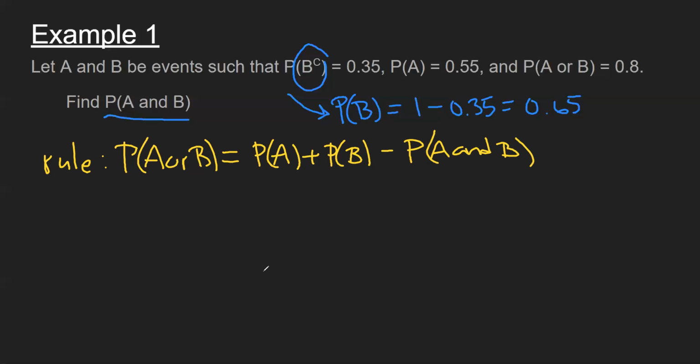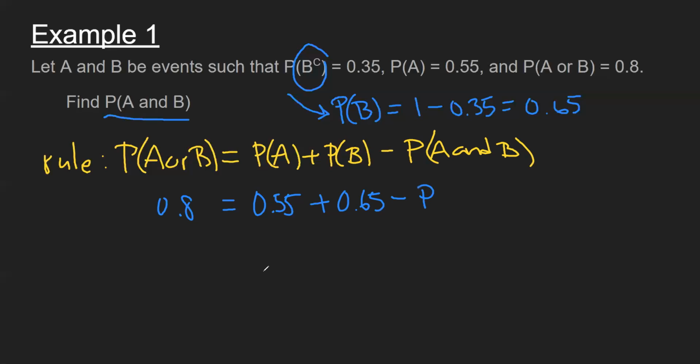What I can do now is simply substitute in all of my known information, and then see what is unknown. So probability of A or B is 0.8, probability of A is 0.55. Now we weren't given probability of B, but above we've solved for it because we were given the complement.